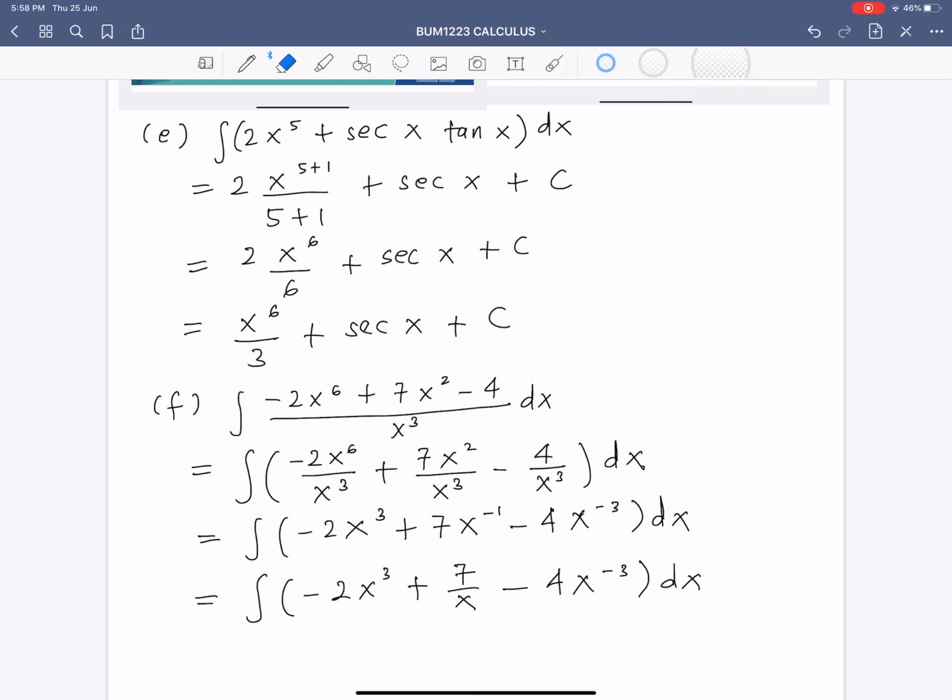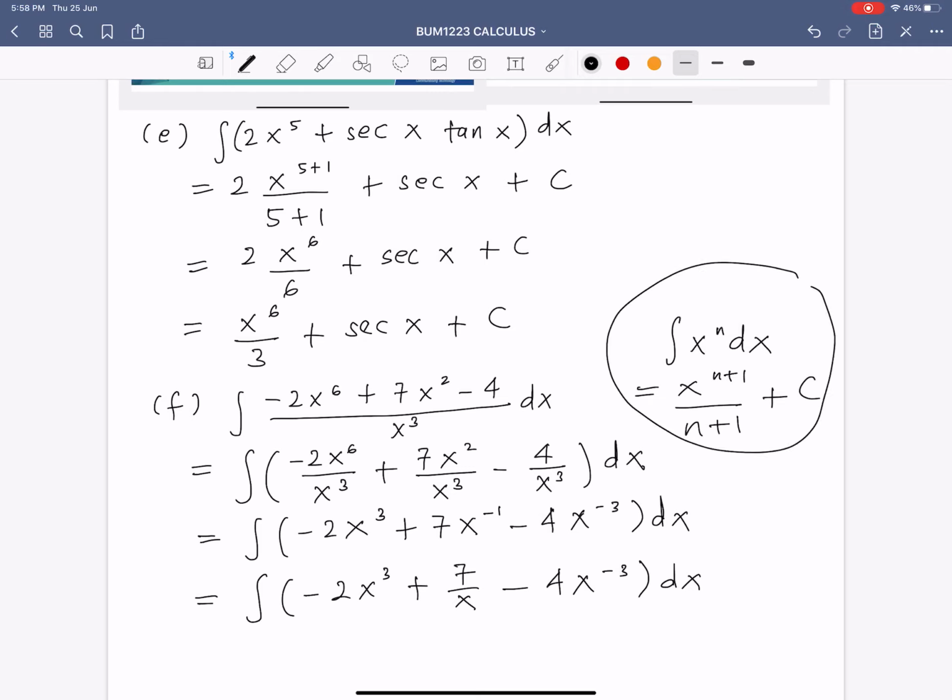Because if you see, we cannot use this formula, the integration of x power of n dx equals x power of n plus 1 over n plus 1 plus c. We cannot use this formula, because in order to use it, you must have n not equal to negative 1. Sorry, not x, it should be n.